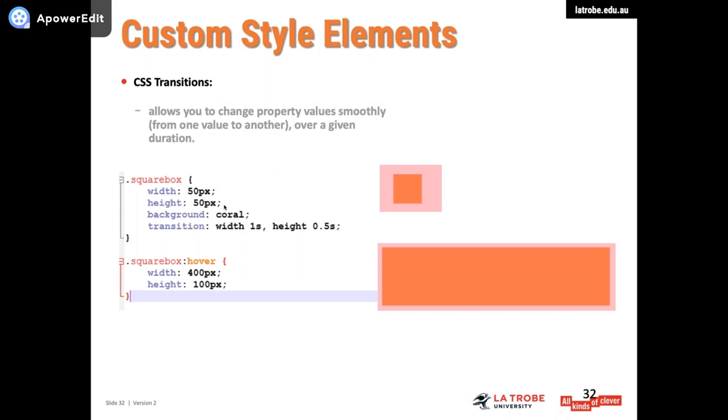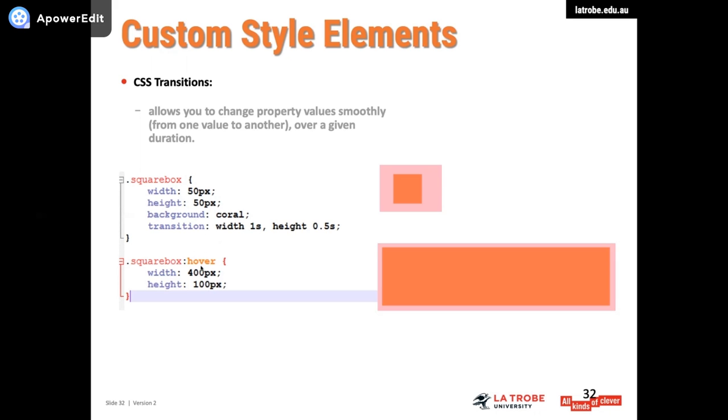We want to achieve the transition within 1 second for the width and 0.5 seconds for the height. So the final rectangular size is a width of 400 pixels and a height of 100 pixels. The hover means when we move our mouse into this square, the change will start.